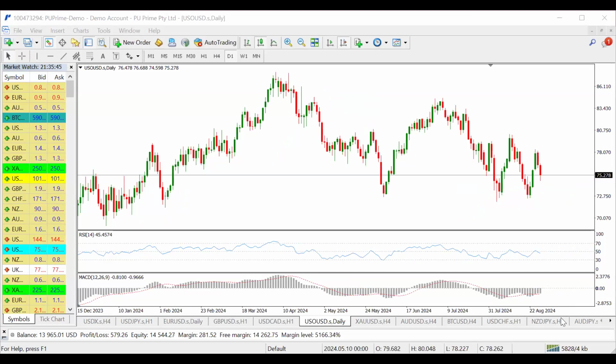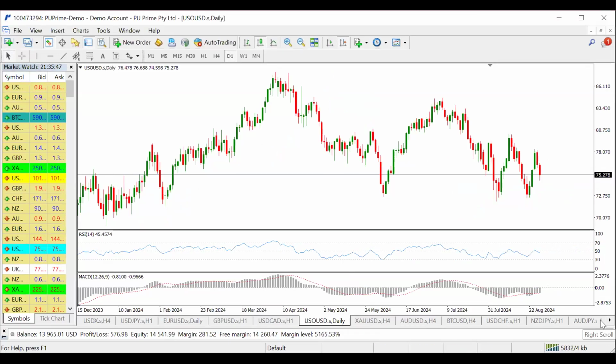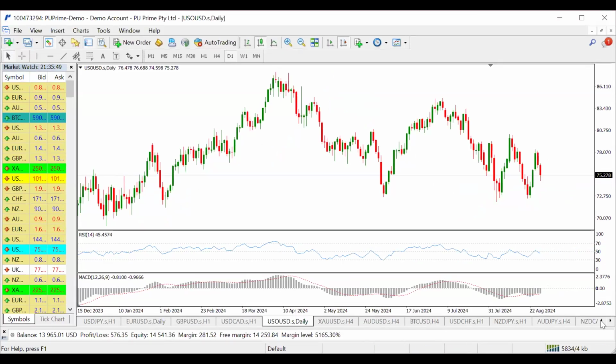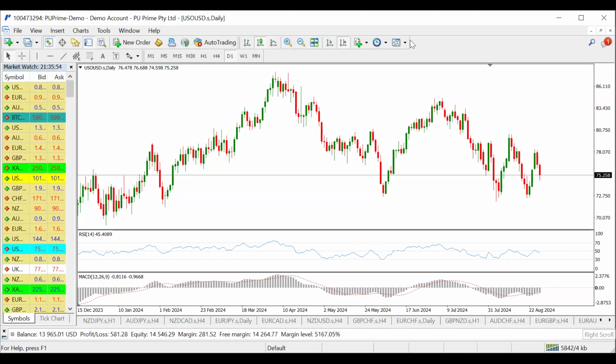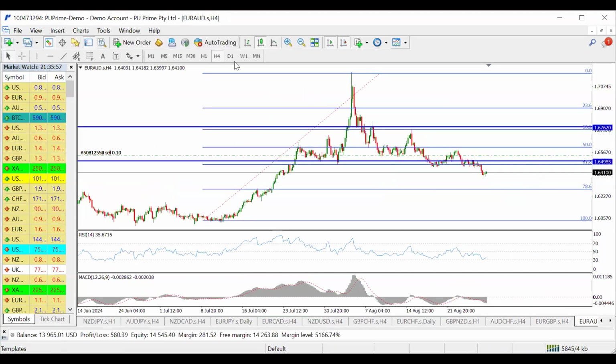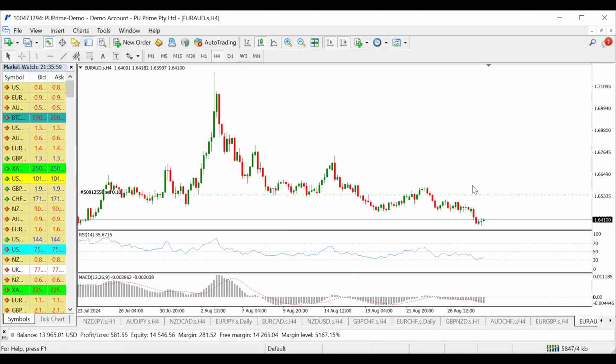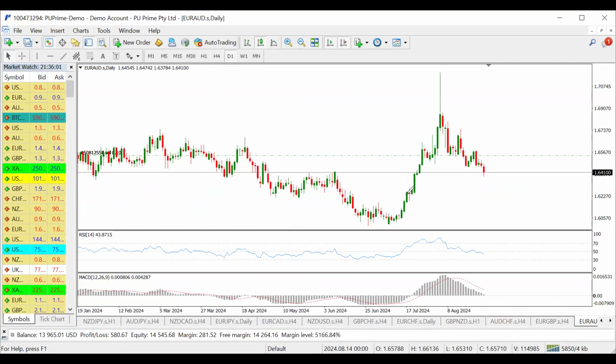On Euro AUD, I think last week, maybe sometime last week, thereabouts, I gave an analysis on Euro AUD. I said I spotted the head and shoulder. This is a shoulder, a very long head, a second shoulder, and a breakout.